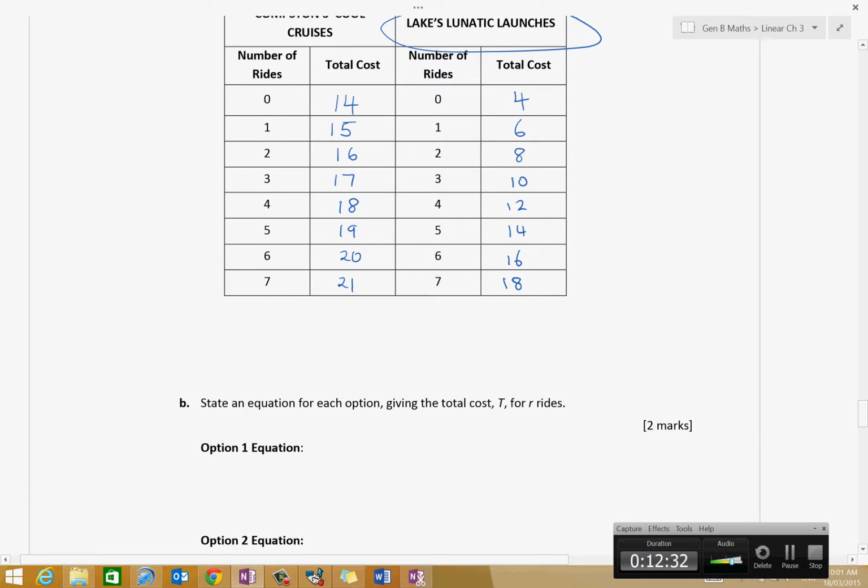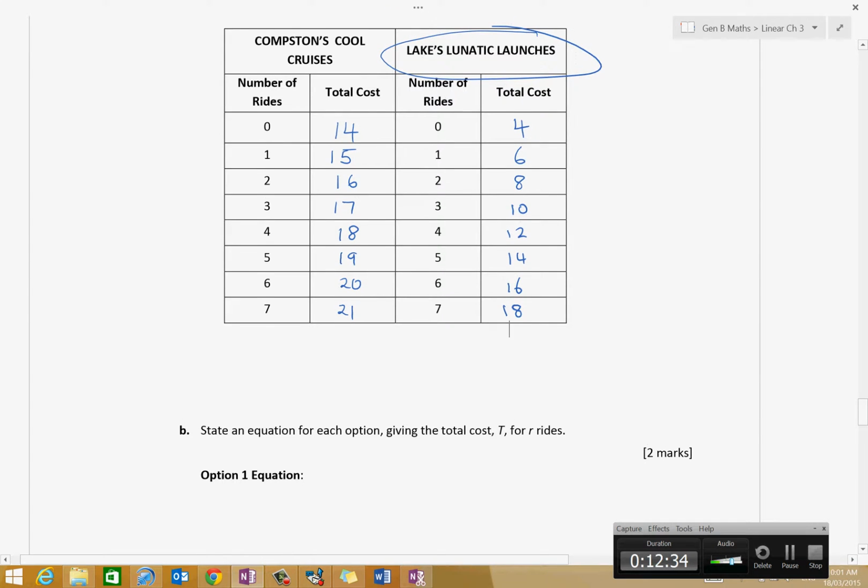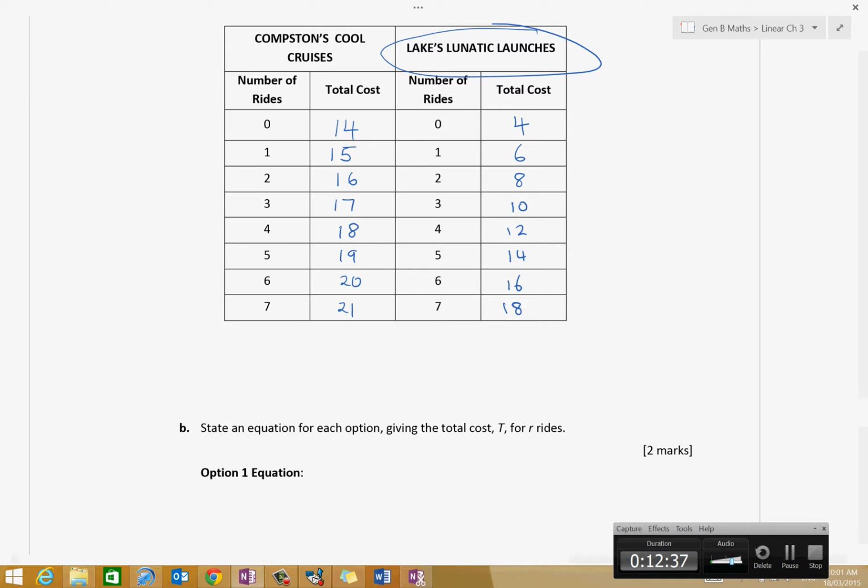State an equation for each option giving the total cost for rides. Option 1 equation. Well, Compston's was $14, which we're going to say that the total cost T, which is in dollars, is equal to 14 plus, what are we going to use for R?